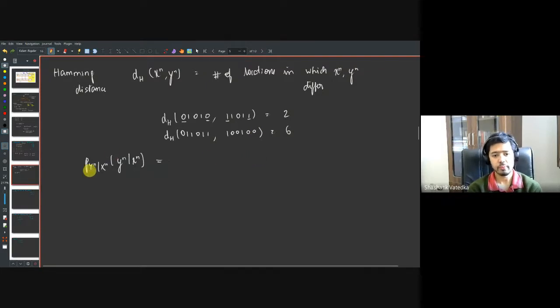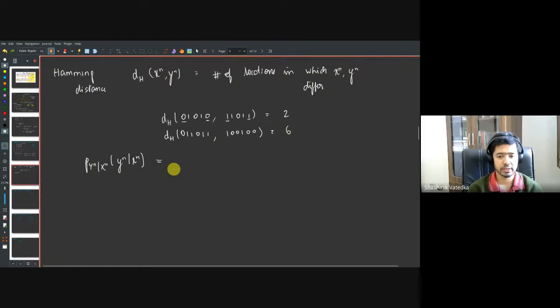Okay. So is it possible to find out what the probability is? Assume that you're transmitting x^n through a BSC, a binary symmetric channel with crossover probability p. What is the probability of seeing a particular y^n at the output? Remember that each bit is flipped with probability p.